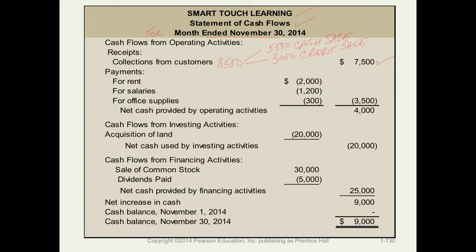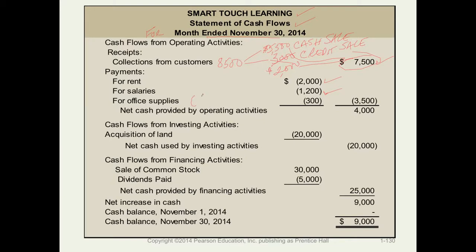On the accrual basis, we have 8,500, but as I said, you only collected 2,000, so therefore, cash collected from customers is the sum of the 5,500 and the 2,000. Cash sales plus the receivables collected. Rent, pure cash expense. The same with salaries.